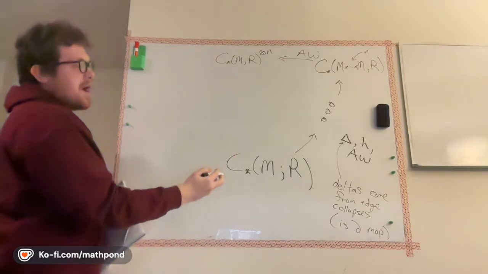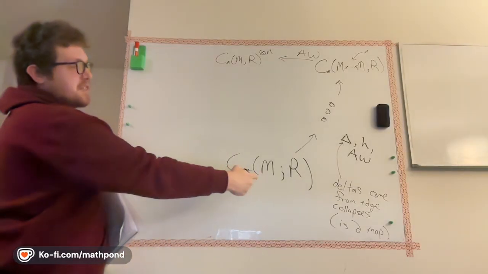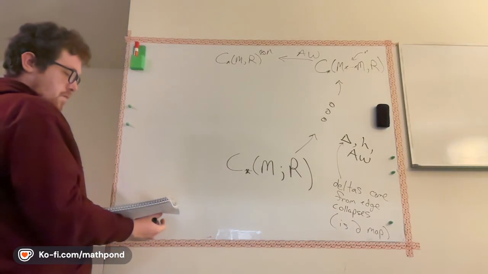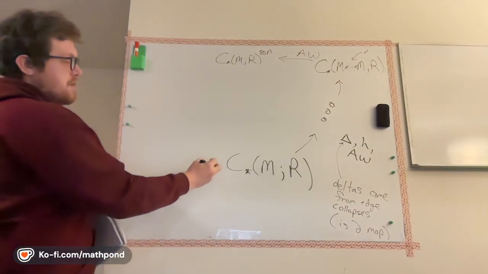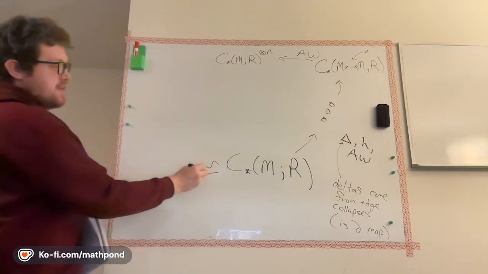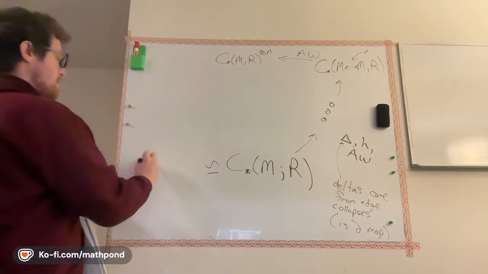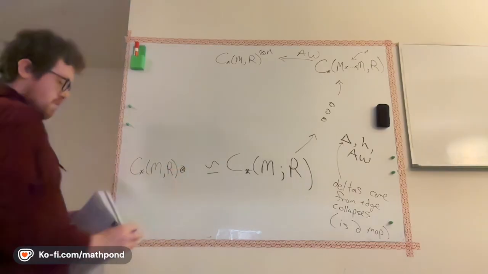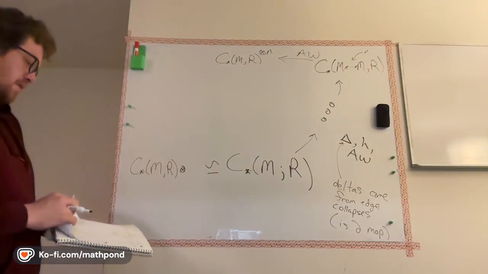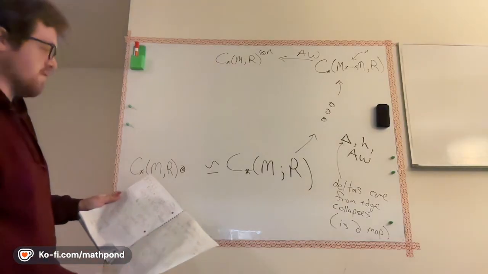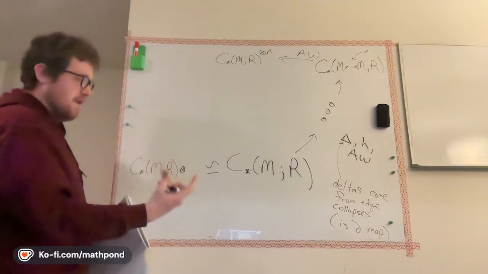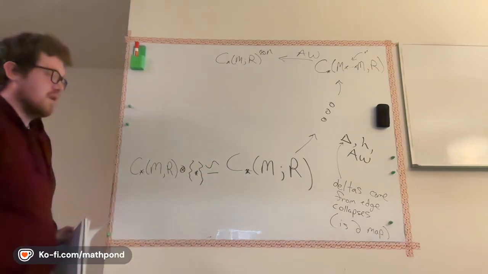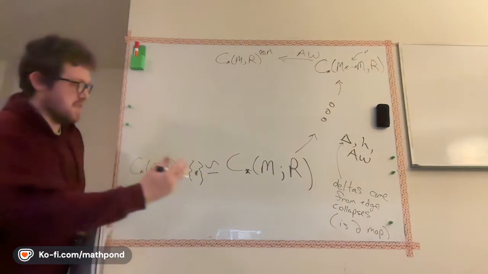But then there's another route we can take, where I can view this as essentially the same thing as C star of M tensored with, how did I want to write this? I wrote it as like BE of 1, but it's really just C star of a point.